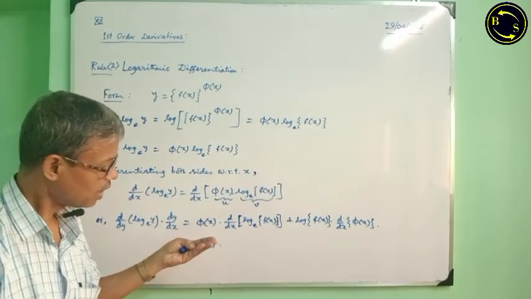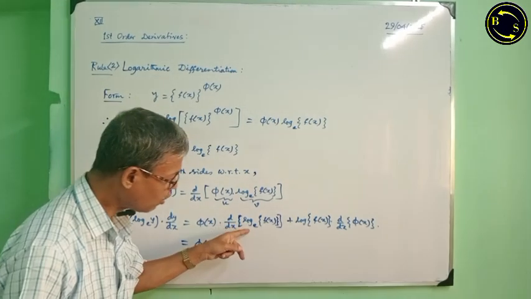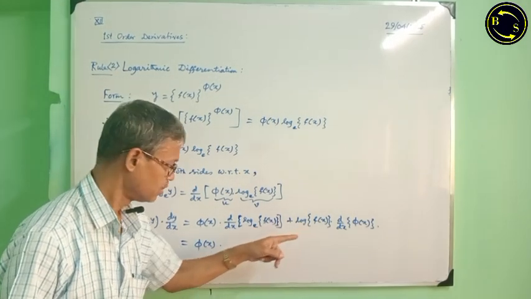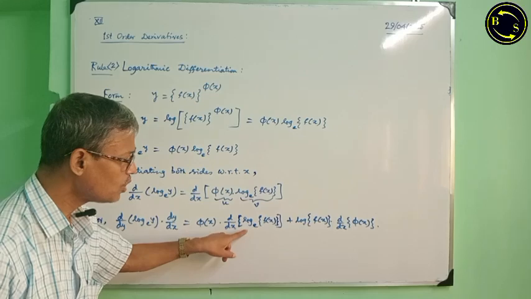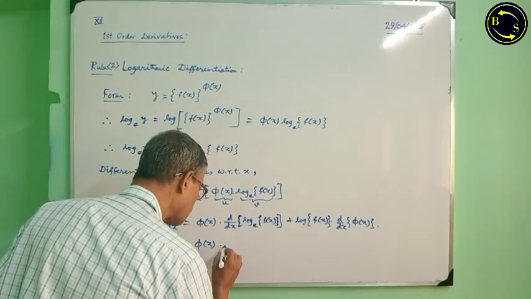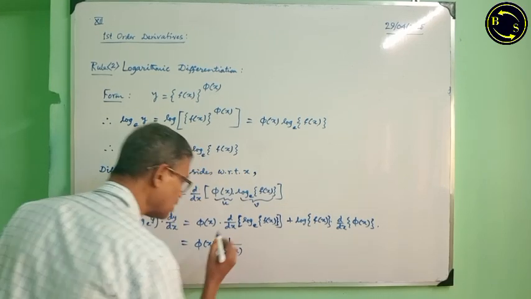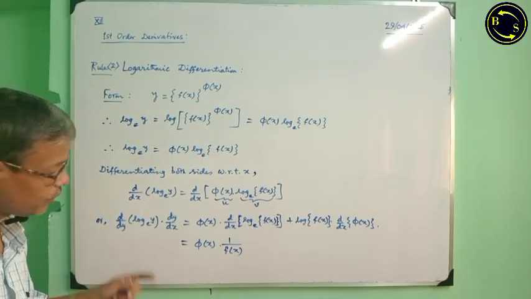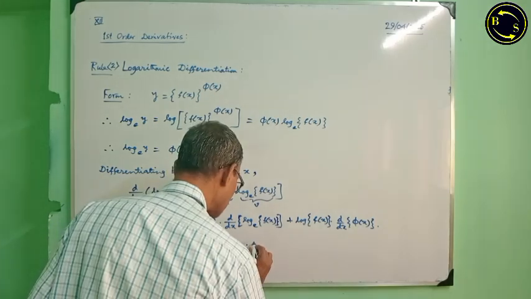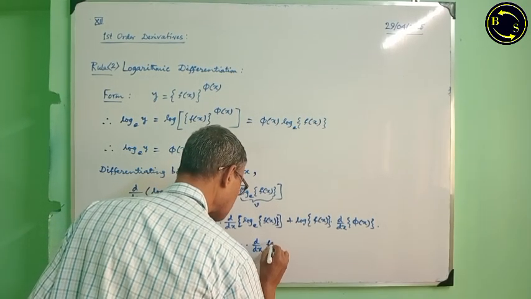I also suggest you do it mentally. Log u, u equal to f x. That means first you differentiate log u with respect to u, you get 1 by u, that means 1 by f x, into d/dx of u, that means d/dx of f x.